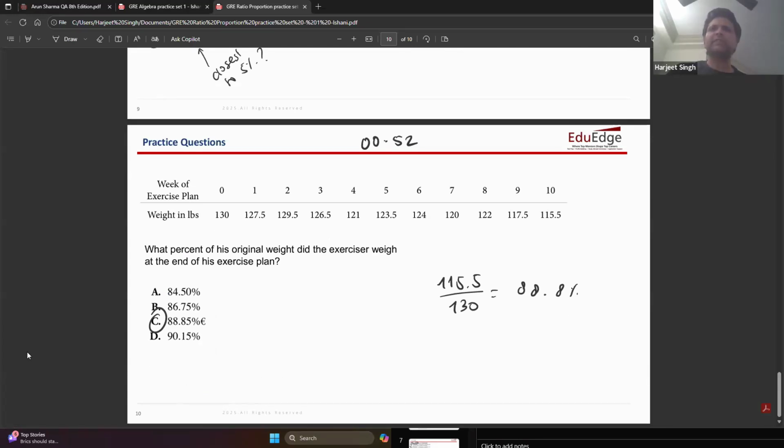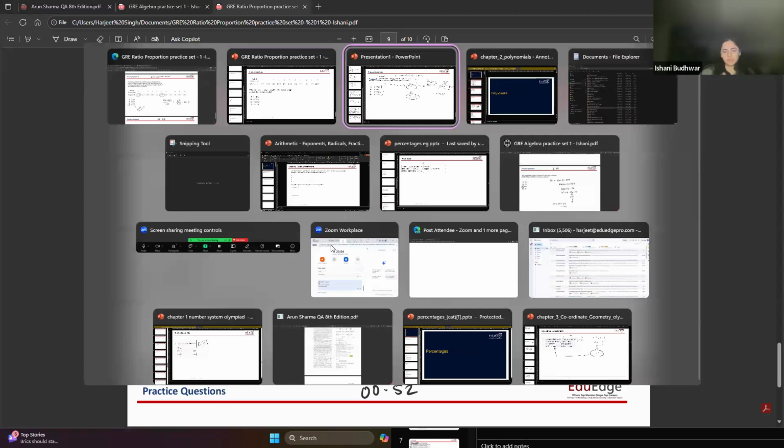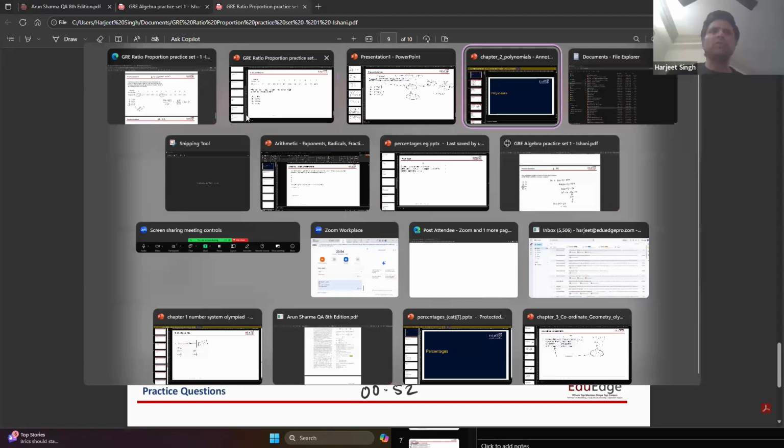So that's 115 by... Yeah, it's pretty simple, straightforward. This is also correct. I'll just check these. What happened here? But your approach is right.